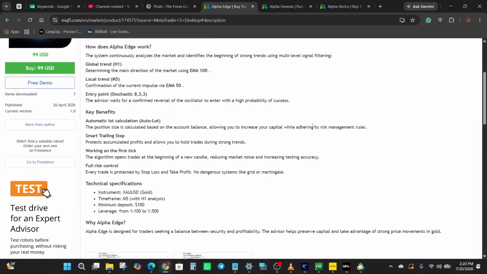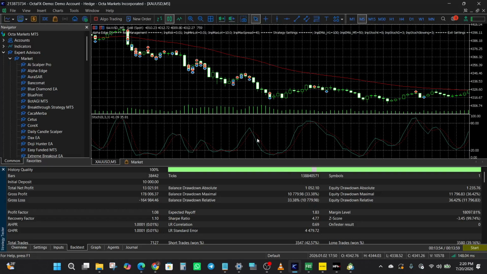Rather than looking only at total profit, it is equally important to examine statistics such as the profit factor, which measures the relationship between gross profits and gross losses, the maximum drawdown, which shows the largest temporary decline experienced during the test, and the recovery factor, which indicates how effectively the system recovered from periods of drawdown.